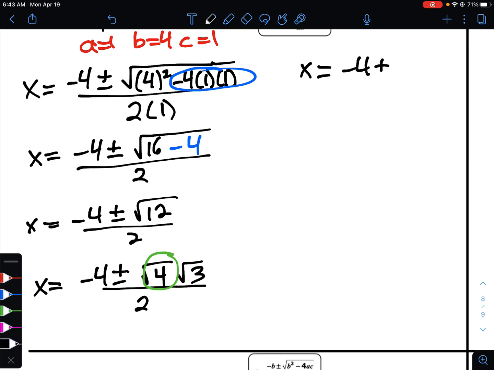So now it's going to say negative 4 plus or minus. We'll replace that square root of 4 with a 2, and then go ahead and write the square root of 3 after it, and then put the 2 underneath. Now, in order to simplify, what you're then going to need to do is look to see if there's any common factors for these 3 numbers, which I'm going to circle for us right here.